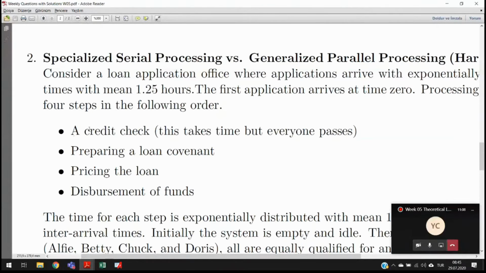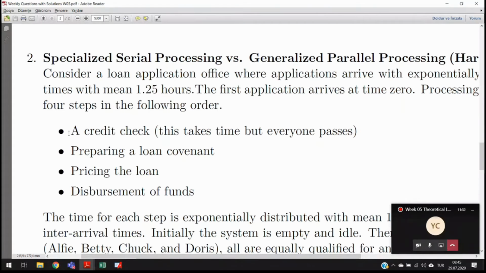Then a loan covenant will be prepared. Then the loan will be priced, so the interest rate is going to be determined. And then the funds will be disbursed, which means the loan applicants are going to collect their money and leave the loan office. So the whole process for any entity consists of these four sequential processes.